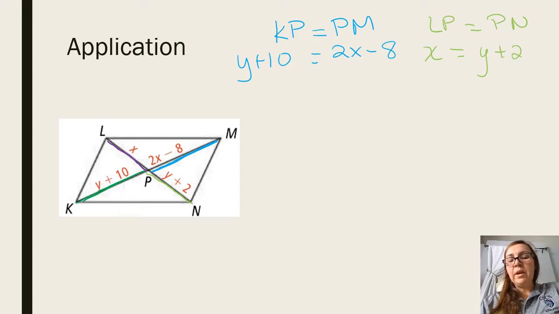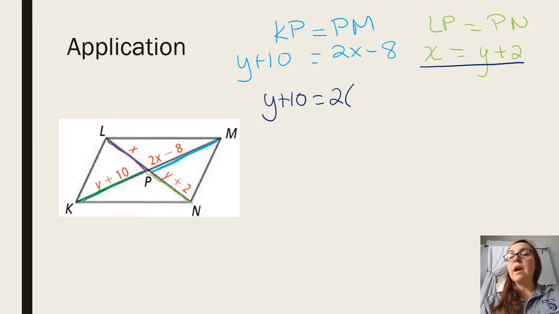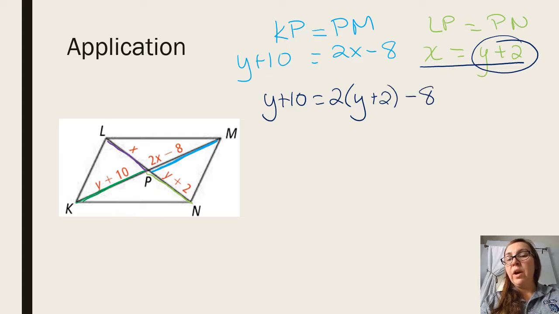Now we're at a point just like our bell ringer, in that we can substitute this value in for x. So I'm going to do that and go ahead and solve. I have y plus 10 is equal to 2 times, and I now know x is equal to y plus 2, so I can substitute in there, and now I have a one variable equation that I can solve.